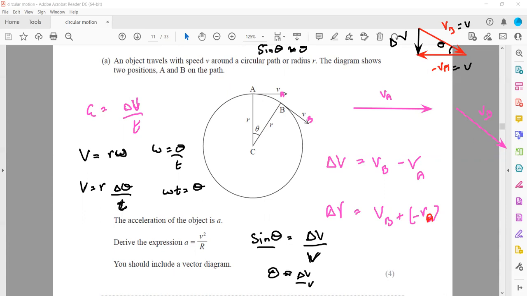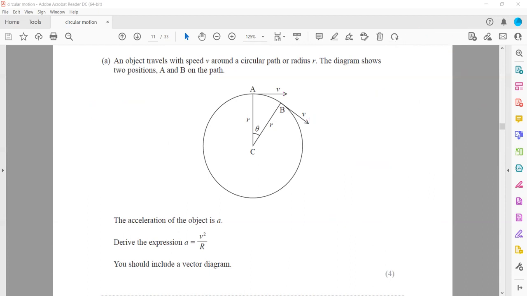Now this is just sorting out the formulas, and now deriving the relation as we want to. We work out by drawing a vector diagram that change in velocity over V is approximately equal to theta, as theta is very small.